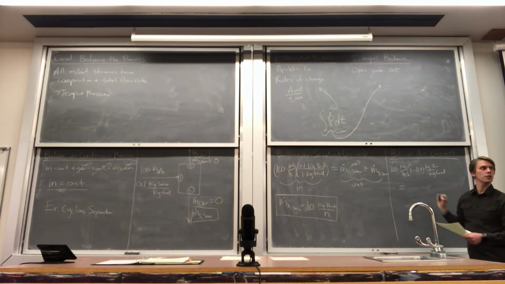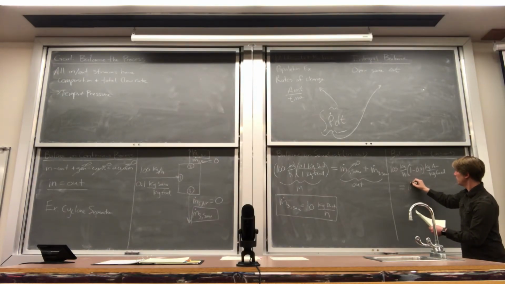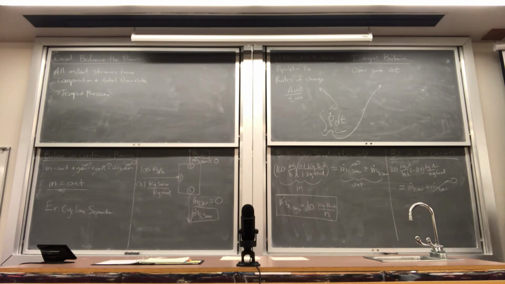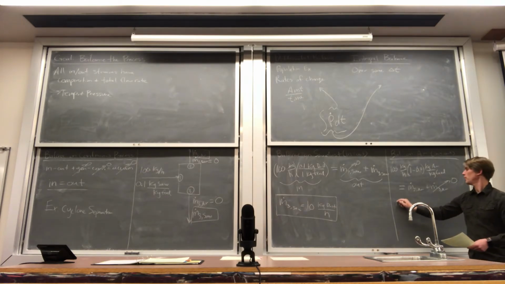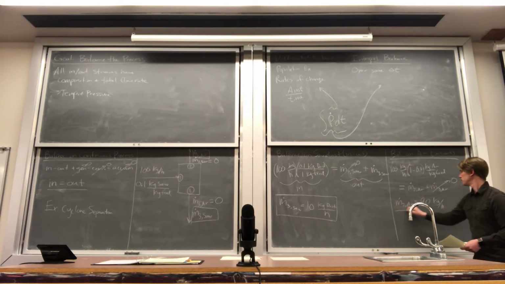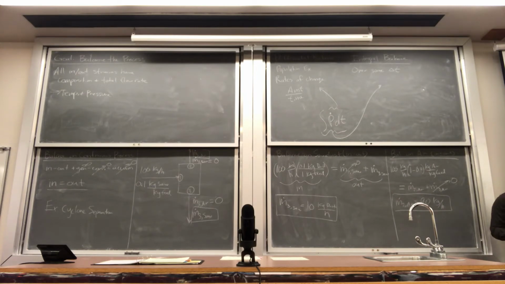This is equal to what's coming out of the process, which is going to be m dot 2 air plus m dot 3 air. And we already said that this is 0. And we find that m dot 2 air is equal to 90 kilograms per hour. No big deal, right?